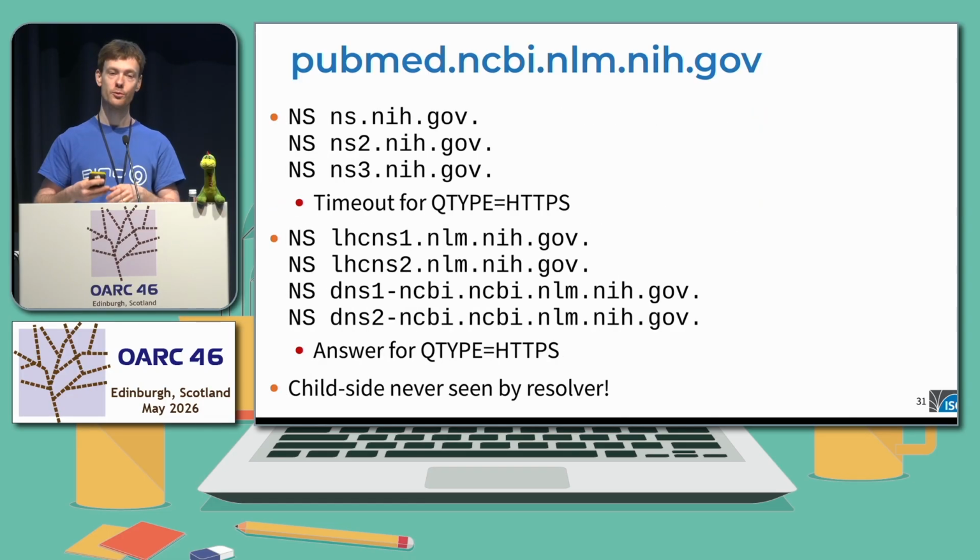And when we queried the parent, the 3 servers present in the parent time out when you query specifically query type HTTPS, because why not? Probably it's a security measure or whatever. The 4 extras, which are present only in the child, actually do answer for the HTTPS query type, but parent-centric will never see the child-side version, right? So that's why it times out.